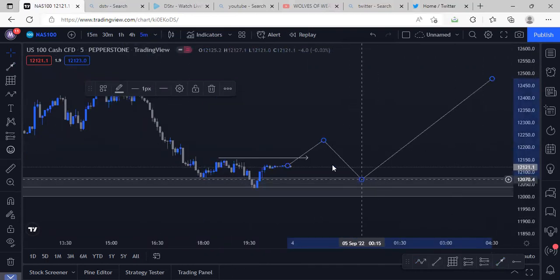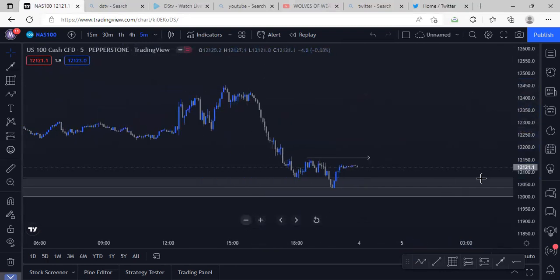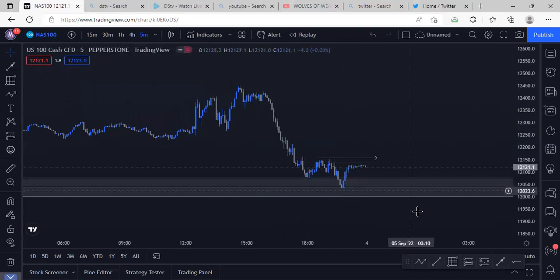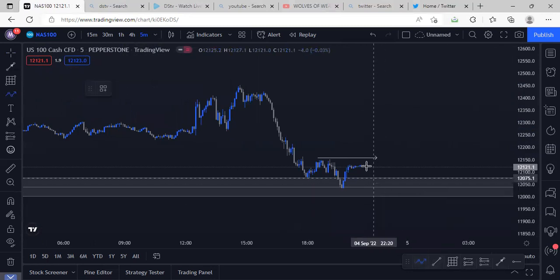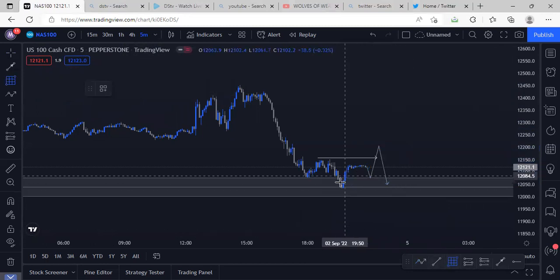So now that we are on the 5 minute time frame, the pattern that you saw on the 1 hour time frame, you should find the same pattern on the 5 minute time frame. In this case, we're going to wait for the market. It might go down, but it has to break this structure and then come back to retest this order block.